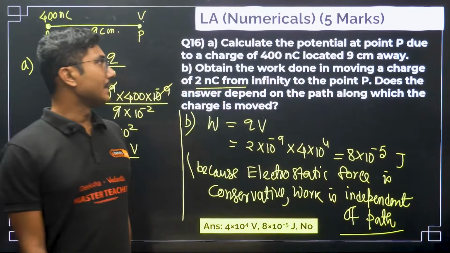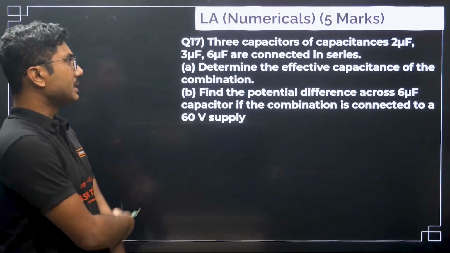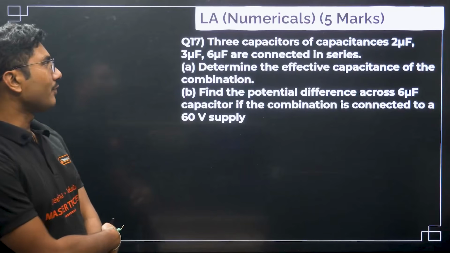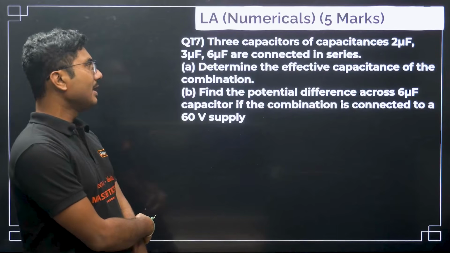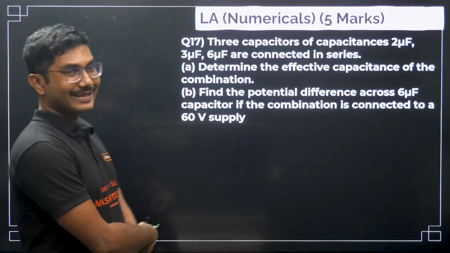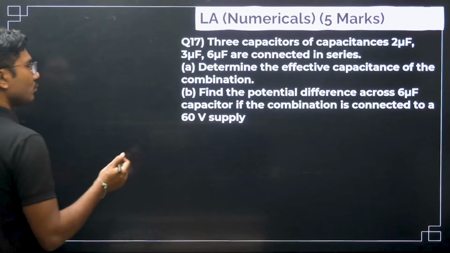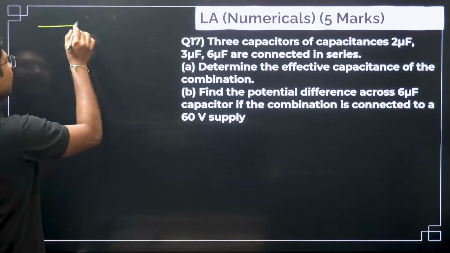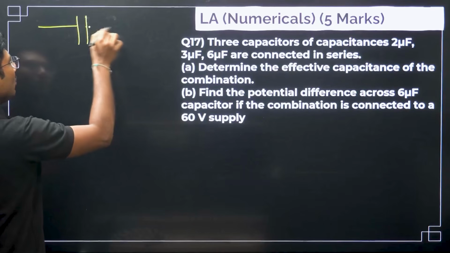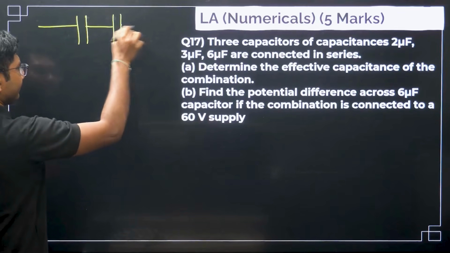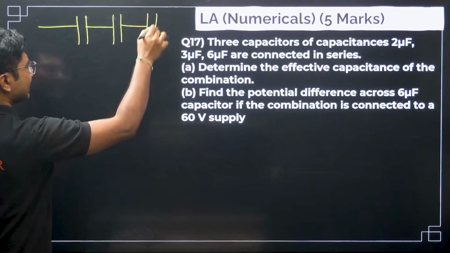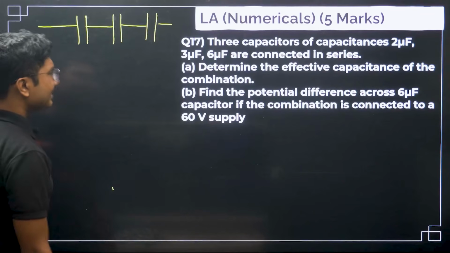Next, 3 capacitors of capacitances 2 microfarad, 3 microfarad, 6 microfarad are connected in series. Determine the effective capacitance of the combination. So 2, 3 and 6. Easy. 2, 3 and 6, okay, are connected in series.